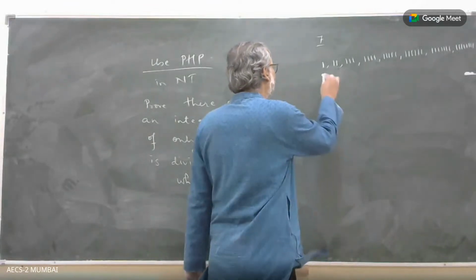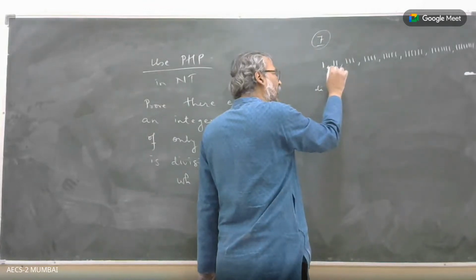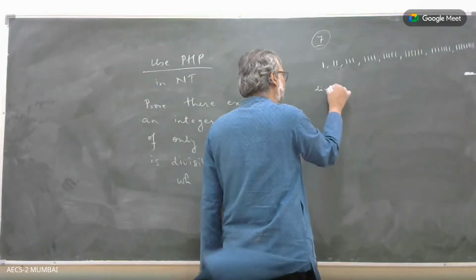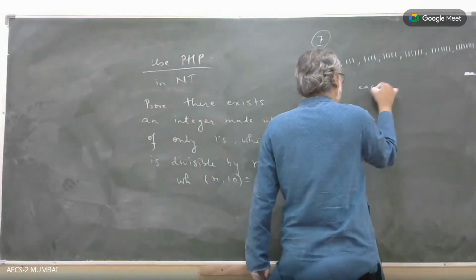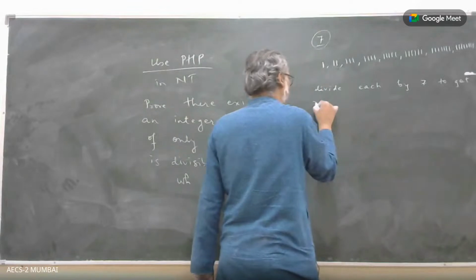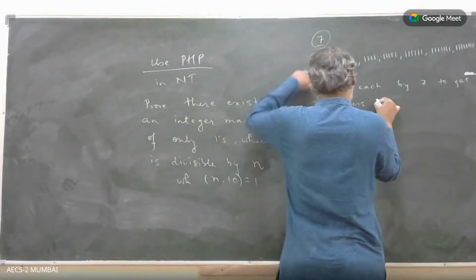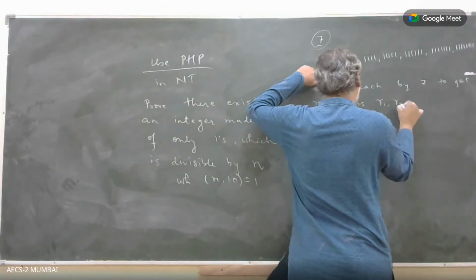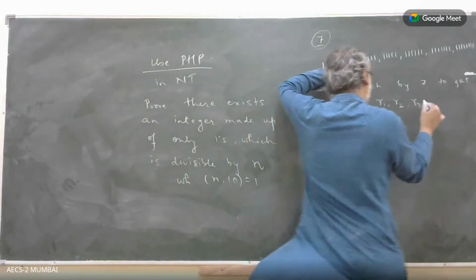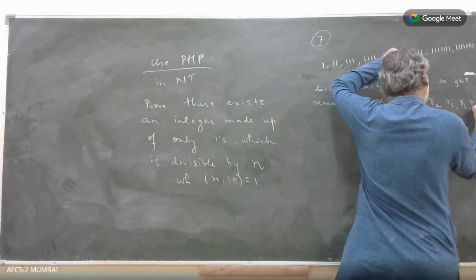So the idea is I divide each number. If I want to prove it for 7, I take 8 numbers, 1, 11, 111, and so on, and divide each by 7 to get remainders. For the first number I call the remainder r1, second r2, third r3, fourth r4, fifth r5, sixth r6, r7 and r8.